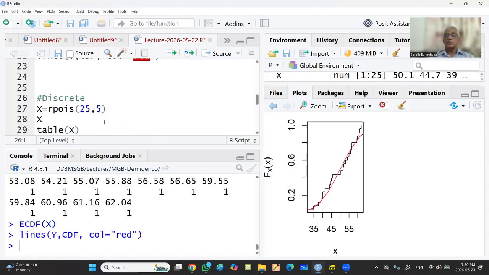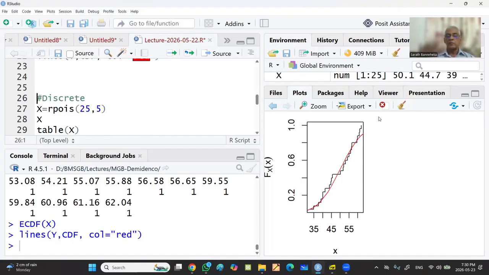So this is the picture that I get. The step function is the empirical cumulative distribution function. This is the actual theoretical CDF in red color. You can see that the empirical cumulative distribution function is somewhat above or below at different x values.